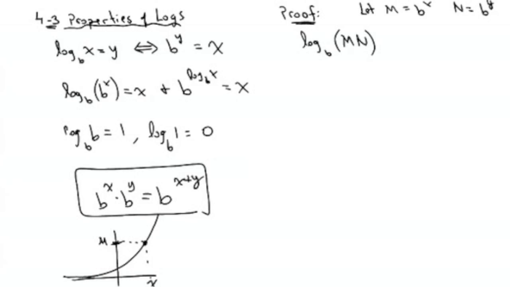All right, so I can do a little substitution here. Log base b of b to the x times, replacing the n, b to the y. We already said that b to the x times b to the y is equal to b to the x plus y.